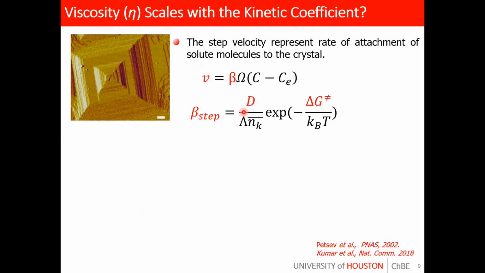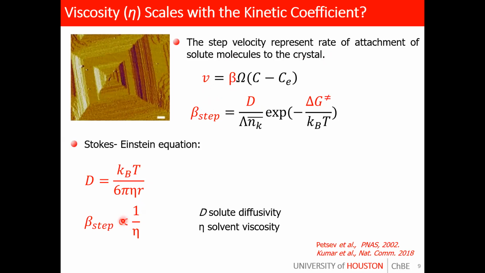And it depends on the solute diffusivity, and the diffusivity of solute is inversely proportional to the solvent viscosity. So the step kinetic coefficient beta varies inversely with the solvent viscosity. And the step kinetic coefficient also depends on the activation energy barrier for molecule incorporation into the growth sites.